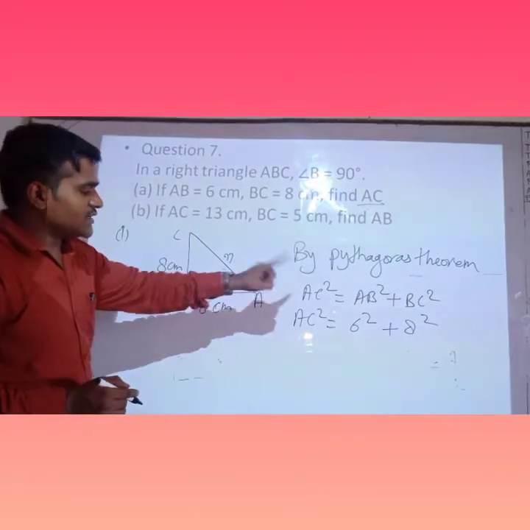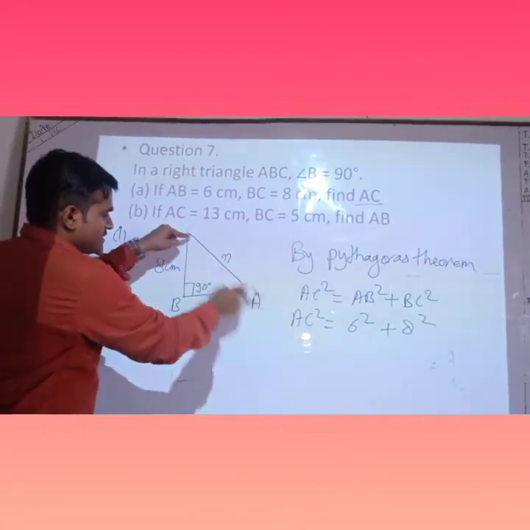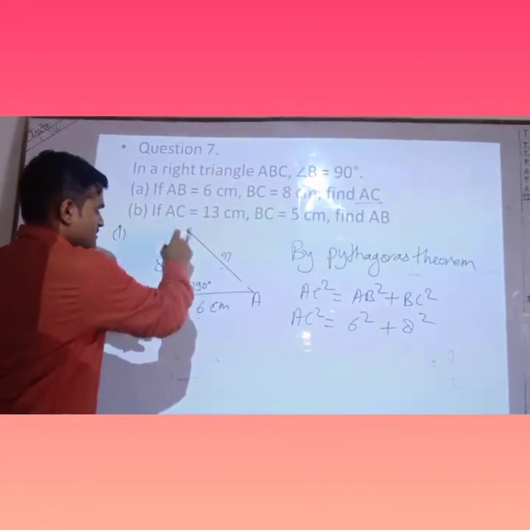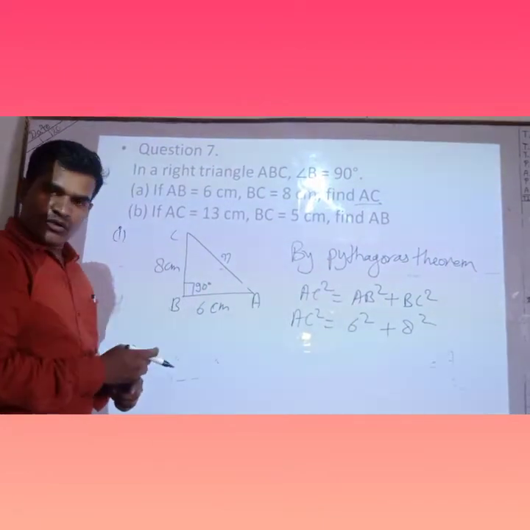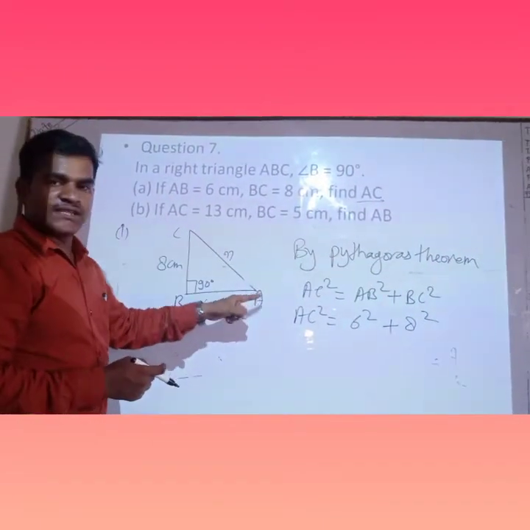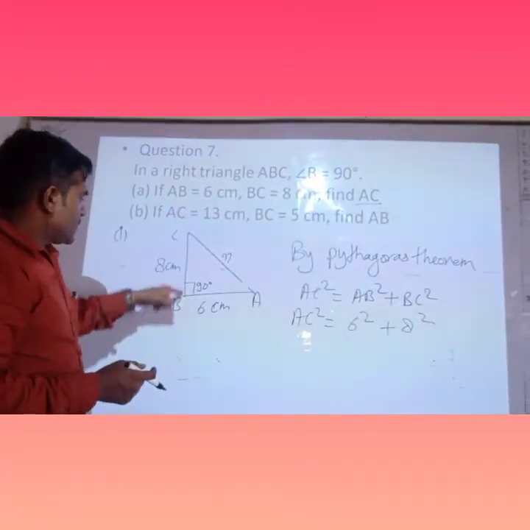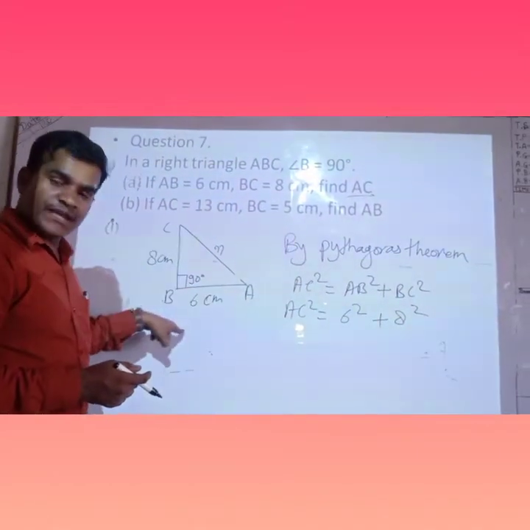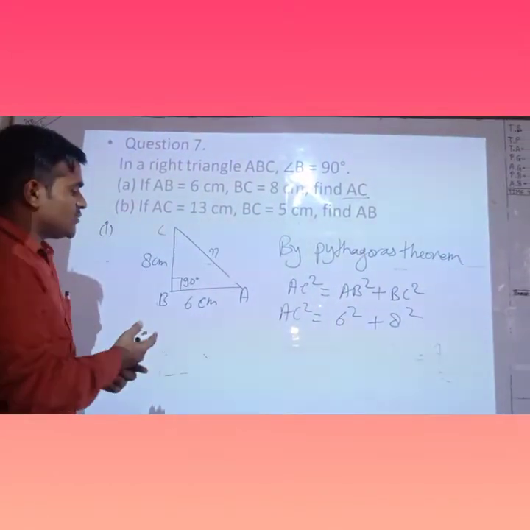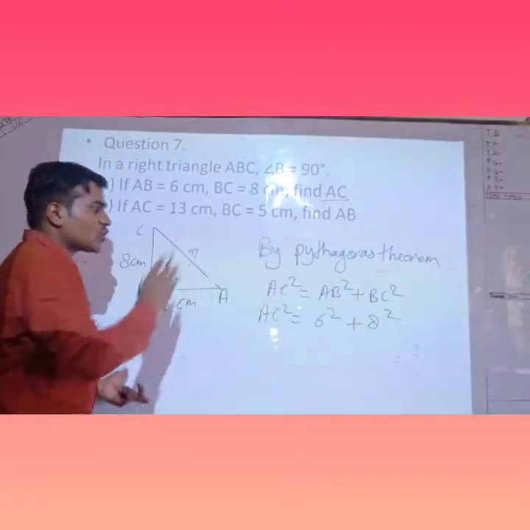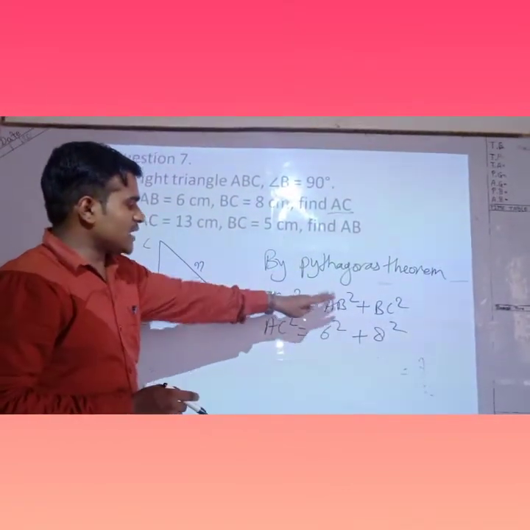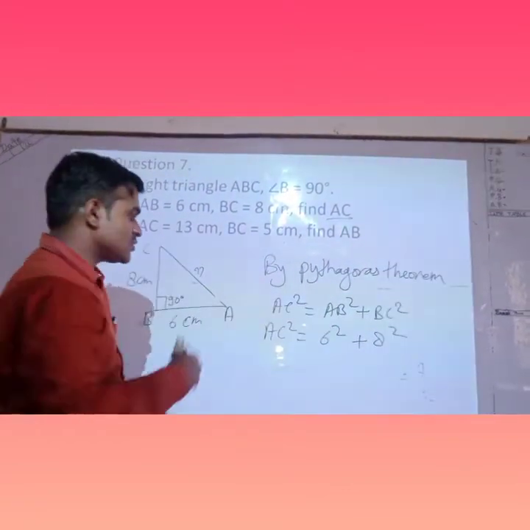First we have to learn the formula. Square of AC is equal to square of AB plus square of BC, where AC is the hypotenuse, BC is the perpendicular, and AB is the base. Square of hypotenuse is equal to the sum of squares of the two other sides, the two legs.